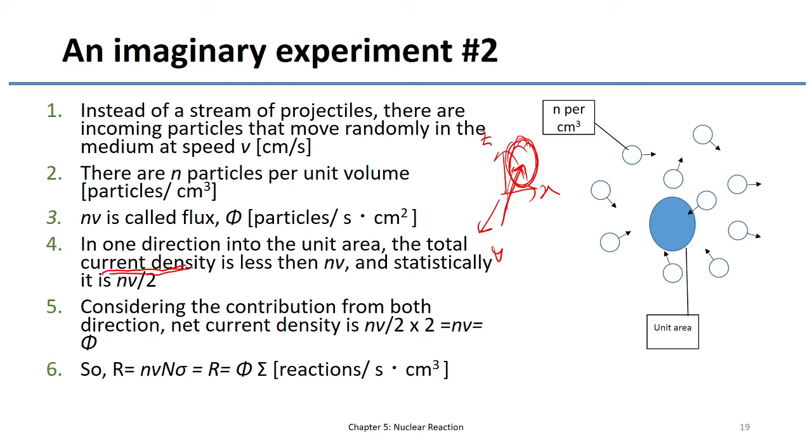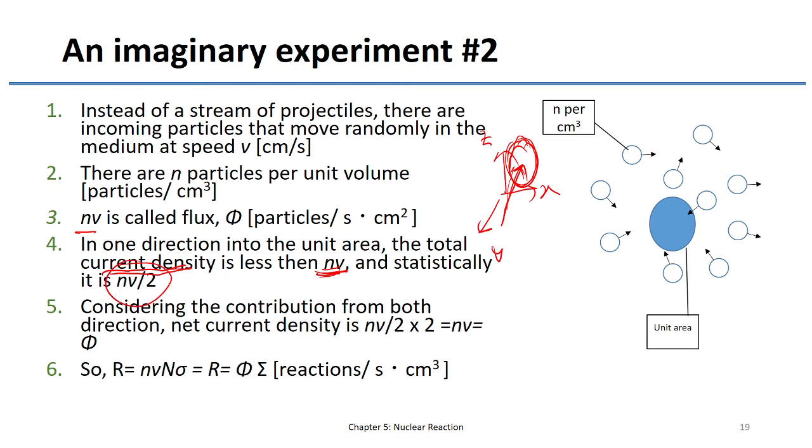We can call the movement of this projectile the current density. So that current density is less than the flux, which was nv, according to statistical mechanics.